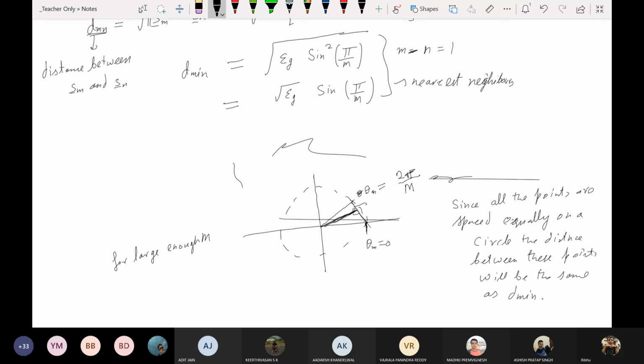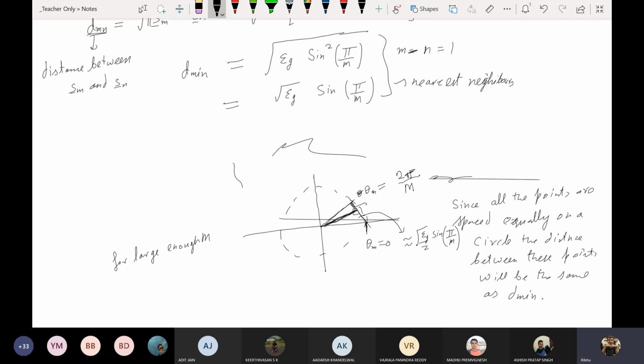So we treat this as the hypotenuse. This is a perpendicular bisector, and because of that, this line will be approximately root Eg sine pi by m, right?